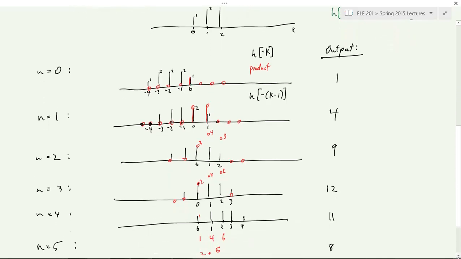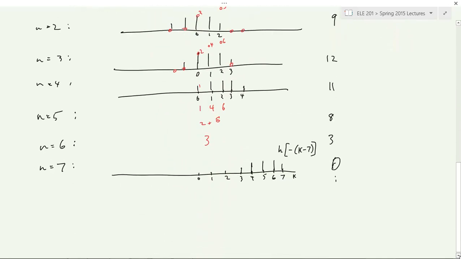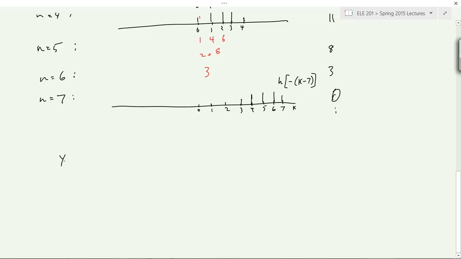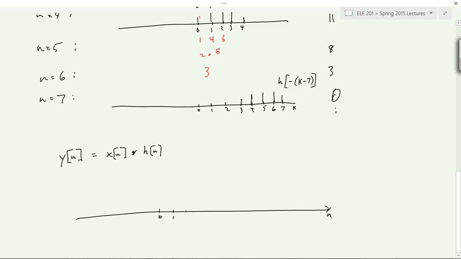So if we say that y of n equals the convolution of x[n] and h[n], then here's y of n. 0, let's see, we have values all the way up to 7.